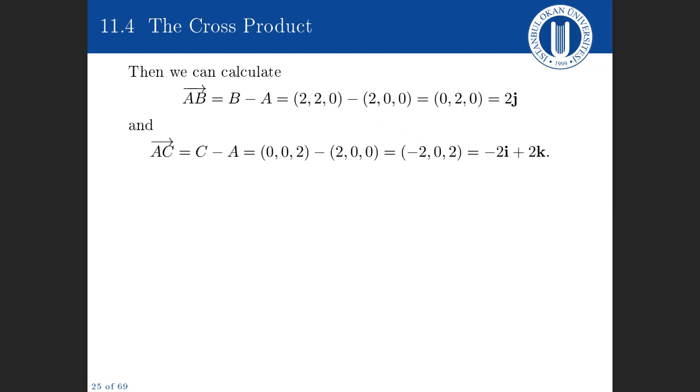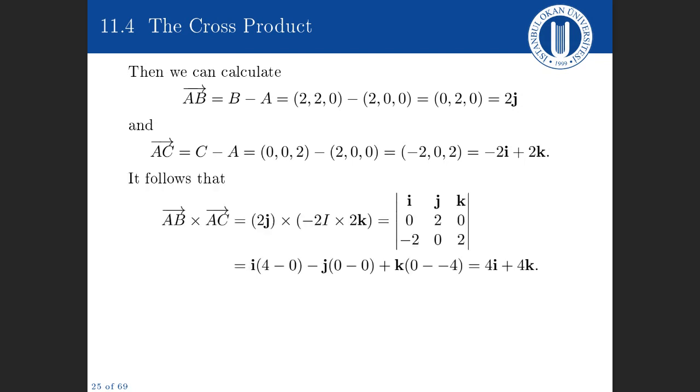So first of all, the vector from A to B, please check, is 2j. The vector from A to C, please check, is minus 2i plus 2k. We can calculate the cross product of these 2 vectors. If you understand determinants, use this notation.